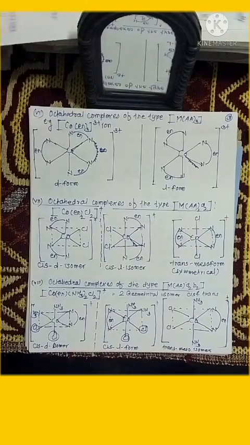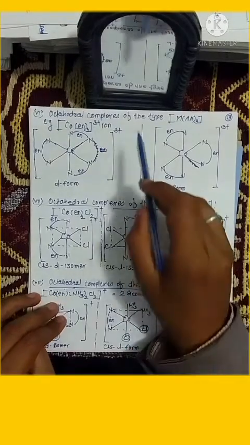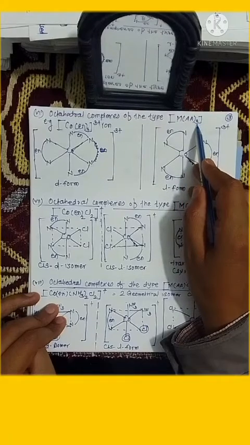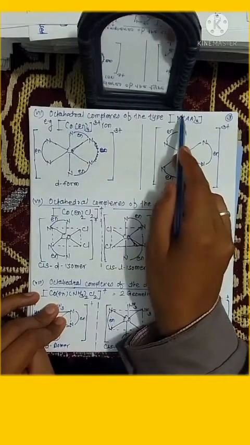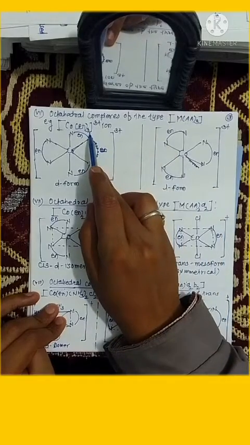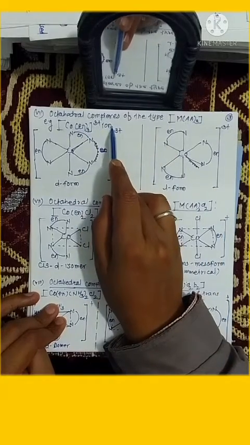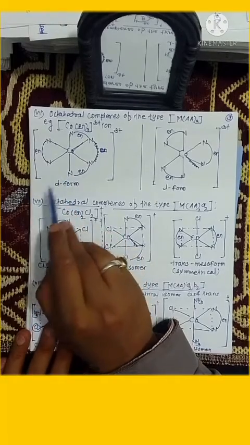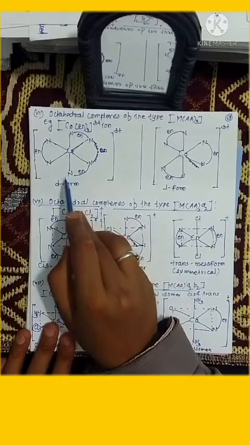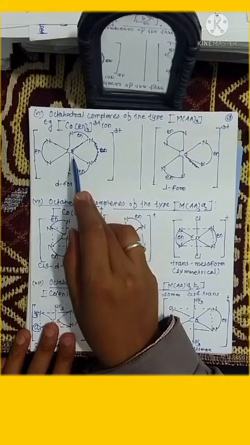Now we are going to see octahedral complexes of the type M(AA)3, where AA is a bidentate ligand. An example of this type is the Co(en)3 3+ ion. Just see, this is the D form of this complex.